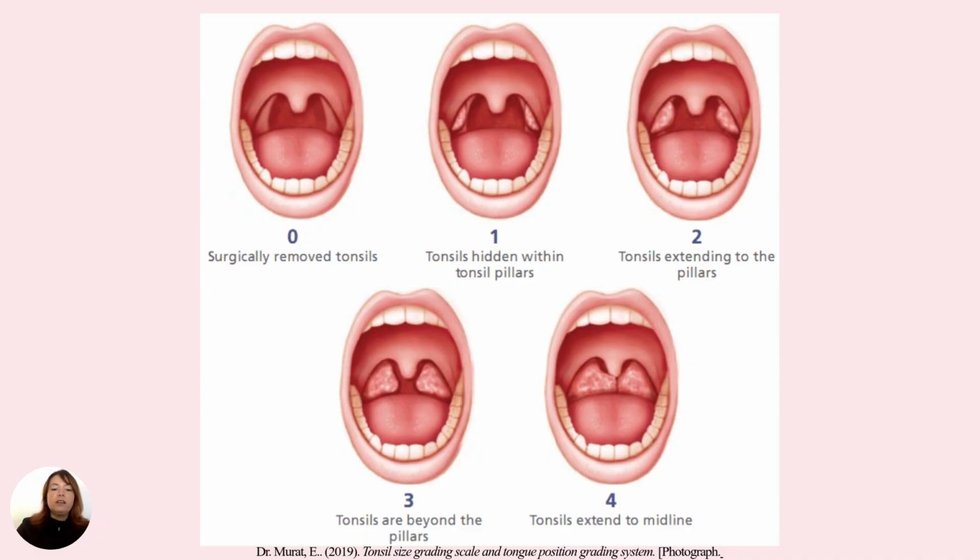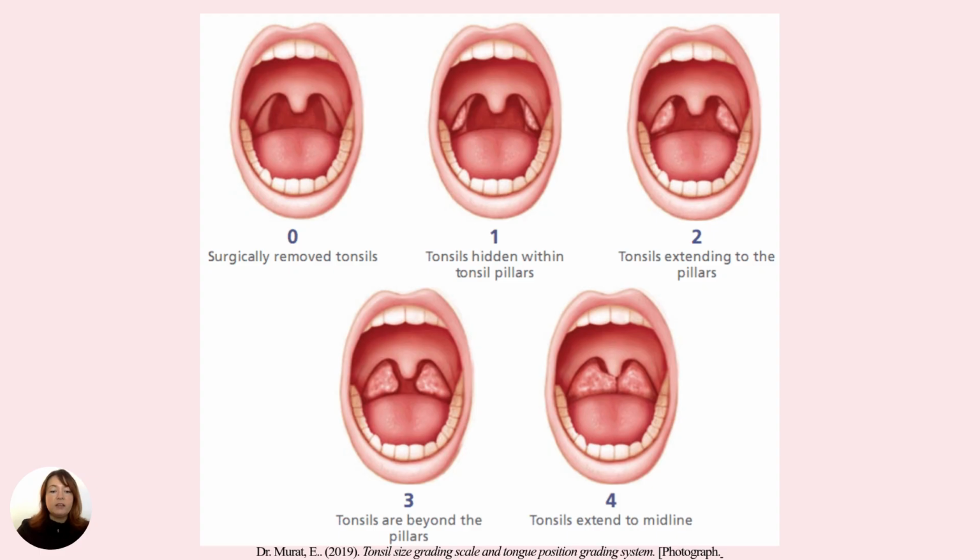Tonsil class 1 is tonsils hidden within the tonsil pillars. So there's 2 pillars in the back of our throat, and the tonsils sit right in between. You can kind of see, especially in class 0, whenever they're removed, you can see the posterior pillar and the anterior pillar. And then in class 1, you can see the tonsils are kind of hidden in between there. In class 2, they're extending out towards the uvula.